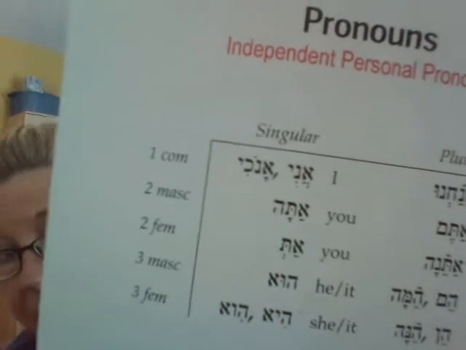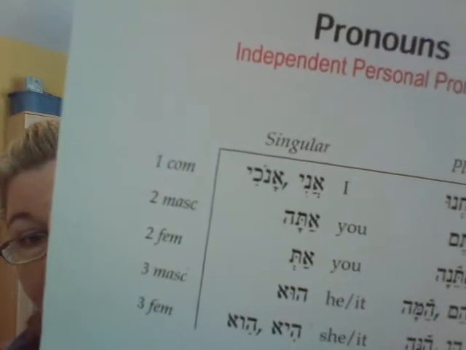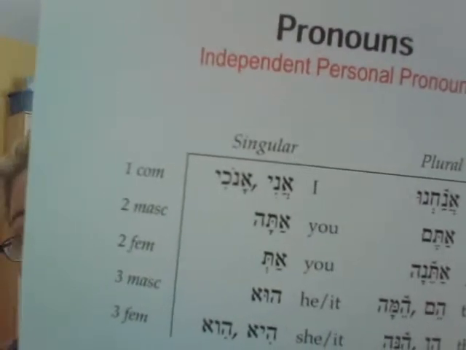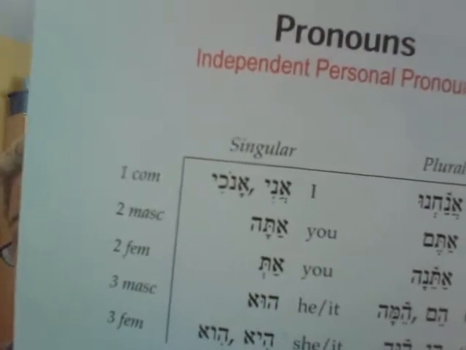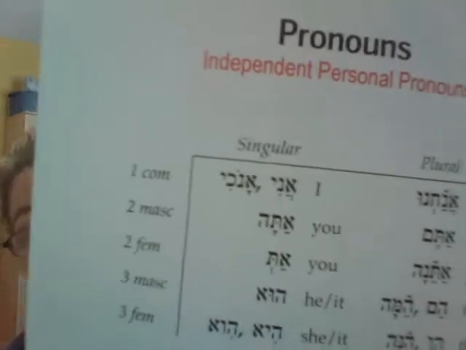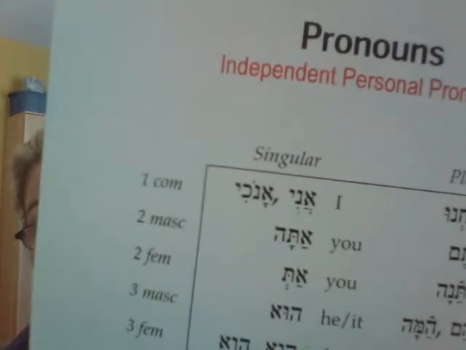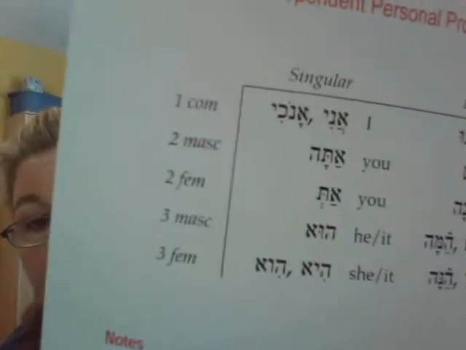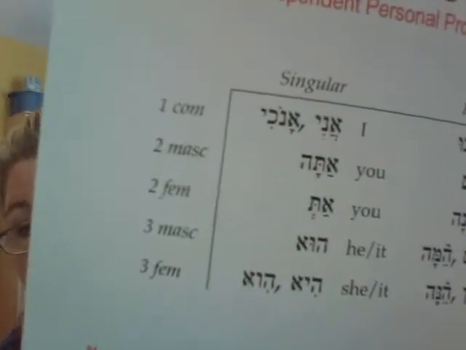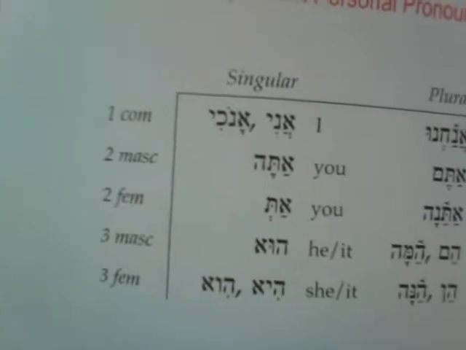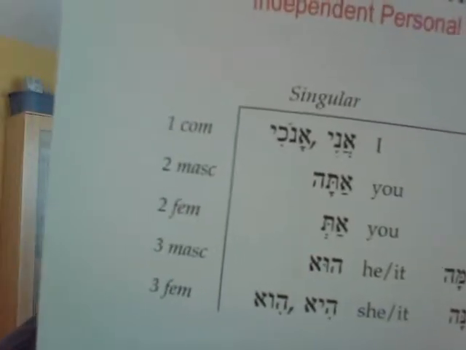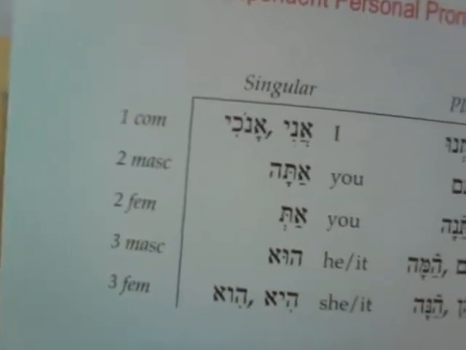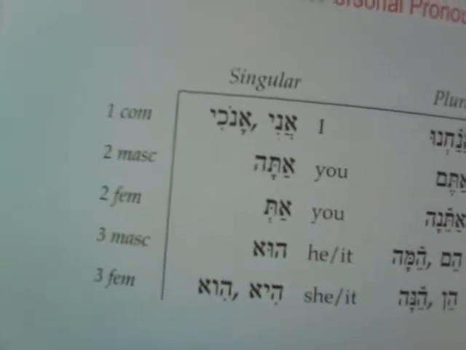So this first one is first common, ane and anoke, and it is neither masculine nor feminine. It is common. It can be either masculine or feminine, and therefore it is referred to as common. The second word there is second masculine singular, and it's ata, the masculine form of you, ata.